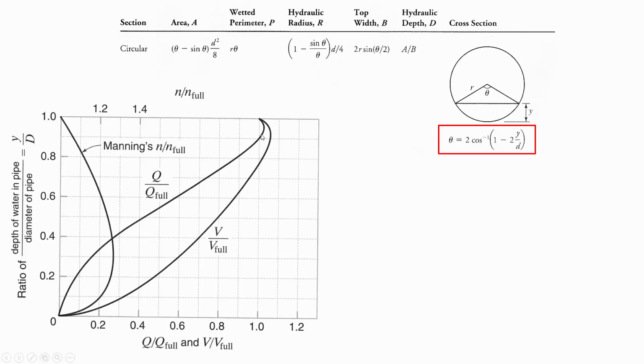But usually having the pipe not all the way full means that you're not going to get the full capacity. So for example, if the ratio of Y to D is 80%, 0.8, we follow this over, that means that you'll get about 87% of the flow capacity.